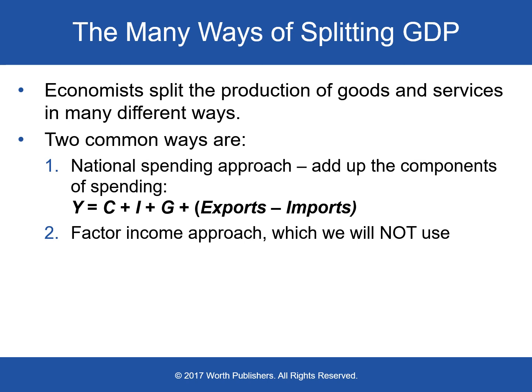So the equation, which is a very famous equation, Y = C + I + G + exports - imports. The Y means national income or GDP. There's no significance to it being Y. Y is just the one that was chosen.